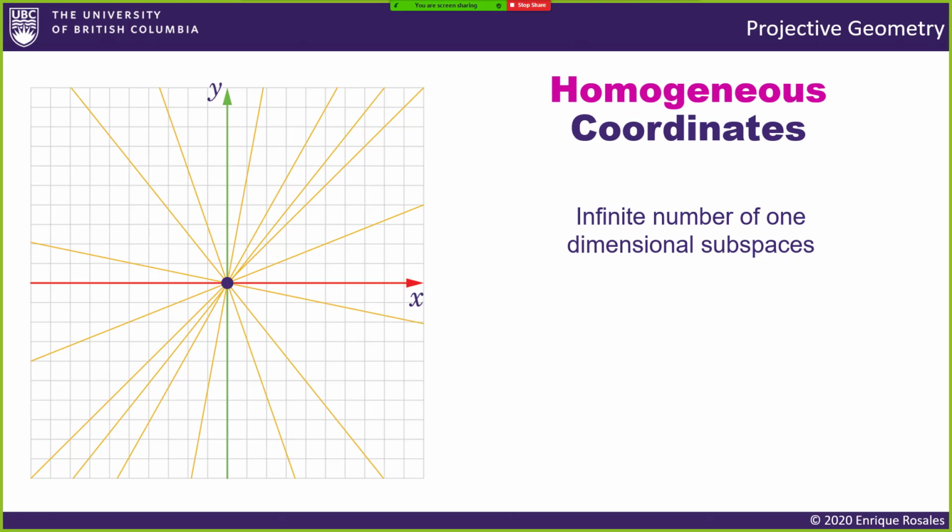And now I will open the chat because I will probably ask you some questions. Does everybody agree that we can create an infinite number of one-dimensional subspaces in this homogeneous 2D space? Say yes if you agree, or say no if you don't.